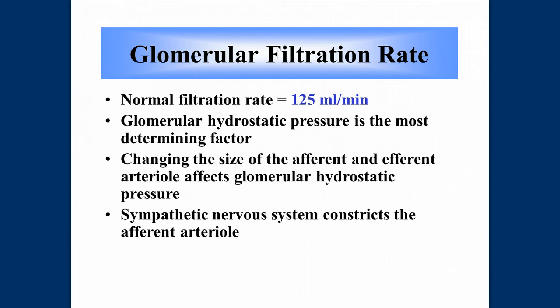Well, if you have a sympathetic response and it constricts the afferent arteriole, it is decreasing the diameter of that vessel, and if you're decreasing the diameter and the efferent is smaller in diameter, they're going to be more equal to each other, so you're going to have less hydrostatic pressure. Less glomerular hydrostatic pressure means that you will have less GFR, or glomerular filtration rate will be less.